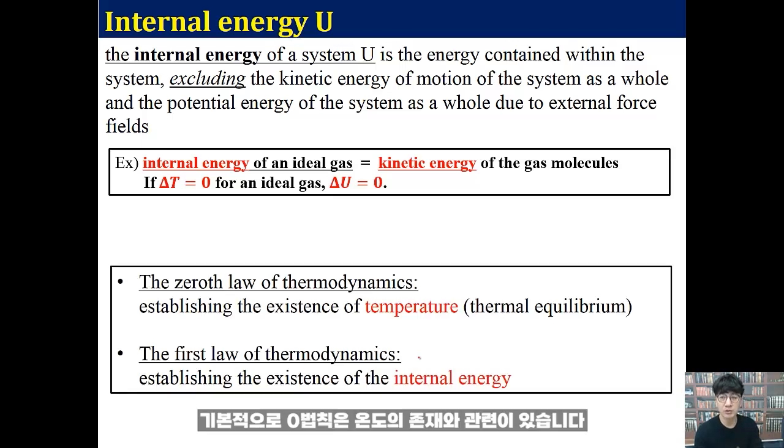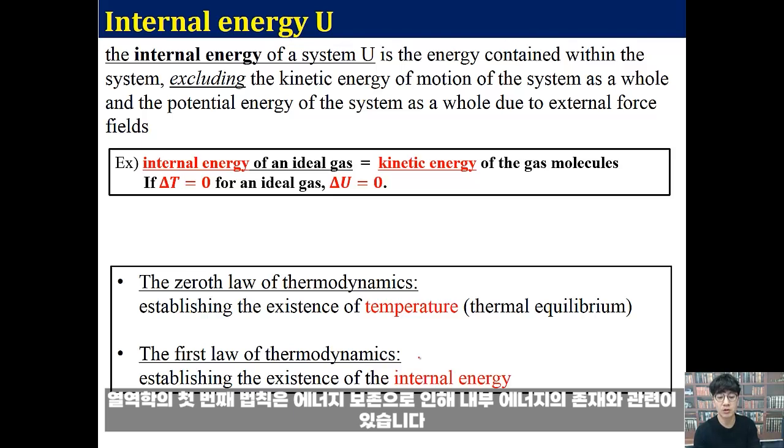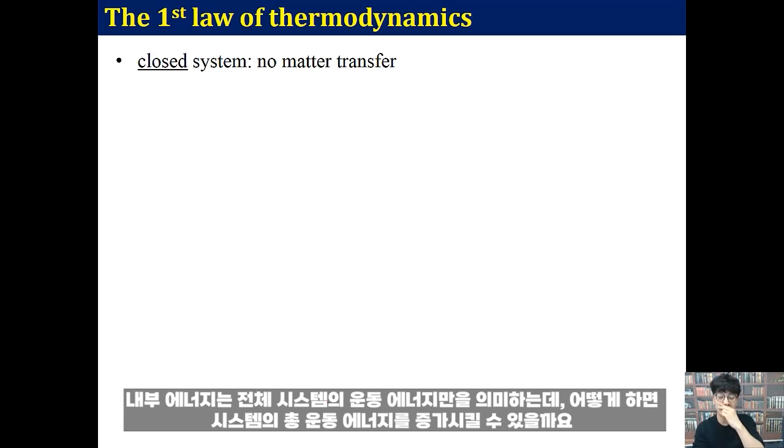So the zeroth law is related to the existence of temperature. The first law of thermodynamics is related to how internal energy can be raised due to energy conservation. Internal energy is nothing but the kinetic energy of the whole system. How can we increase the total kinetic energy of a system?